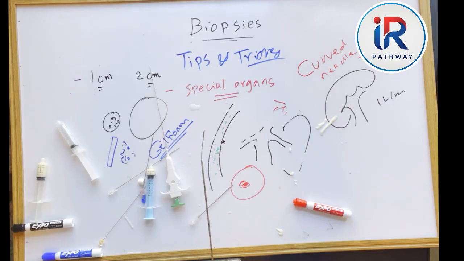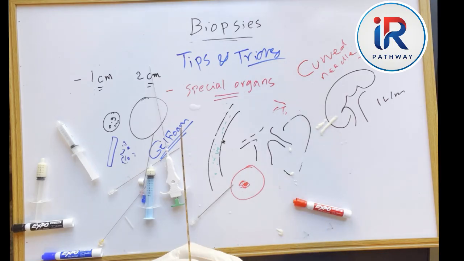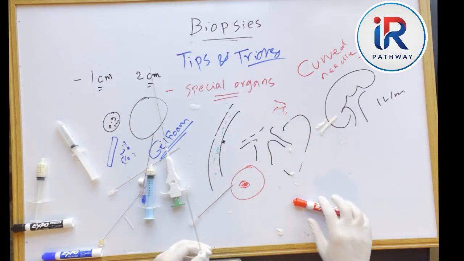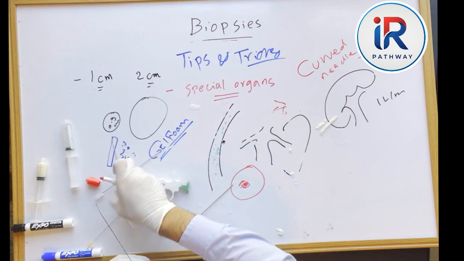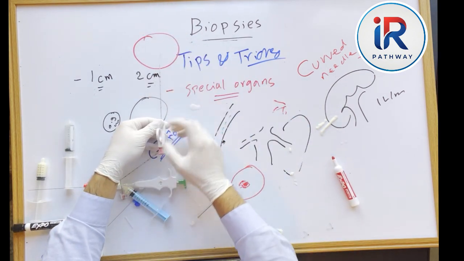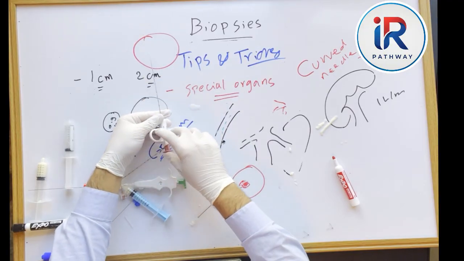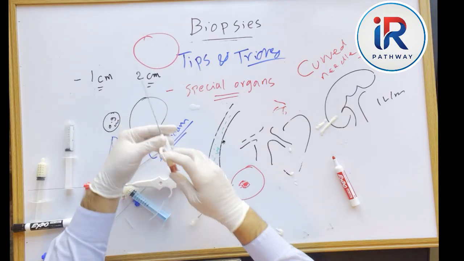Now I can take my biopsy because the curve isn't strong enough to ruin the needle. At the same time, it gives me direction. Let me explain this to you. Assume this is the lesion like this. When I position the needle in this direction, I'm sampling here. If I redirect it away, I will sample a different area.